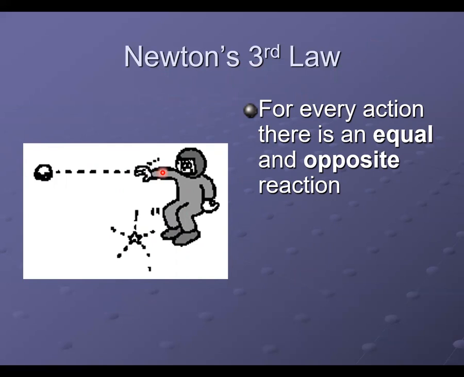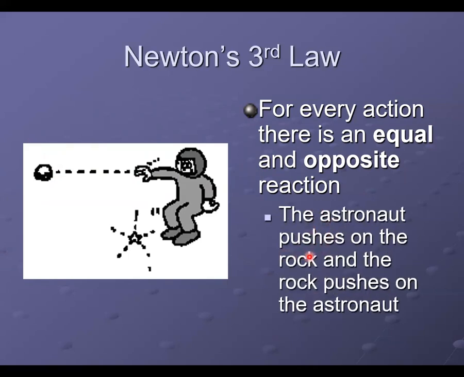This is hard to think about, but if I push off on this rock, the rock is actually also pushing on my body. So if I throw this rock in the opposite direction from my spacecraft, it will push me back very slowly to my spacecraft. Okay. This is also, so like I said, astronaut pushes on the rock.